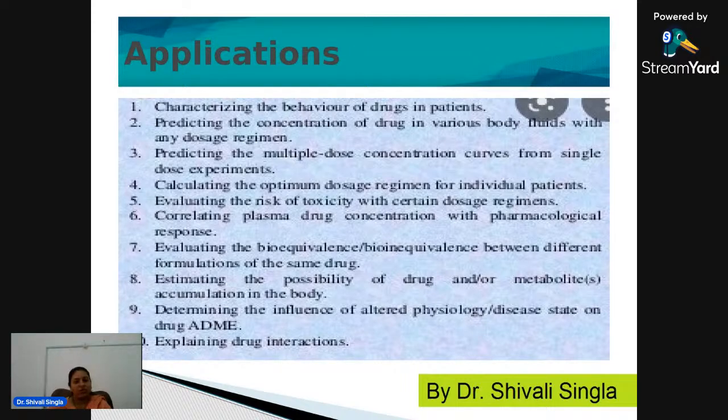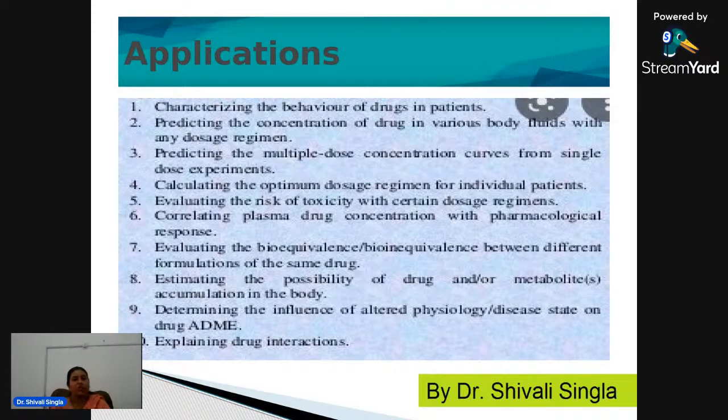As I already discussed, it is a mathematical model based on assumptions, and we are only doing calculations. We can calculate the concentration of drug in blood that is related to the concentration of drug in body fluids. So with these calculations, we can predict how much drug reaches a specific body fluid, where it has to show its pharmacological activity. This can only be performed with the help of models.